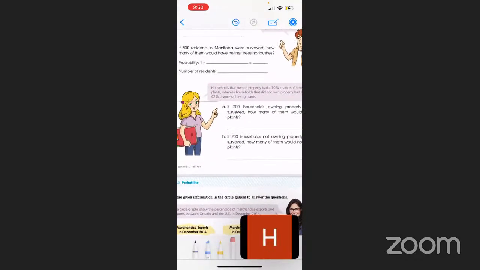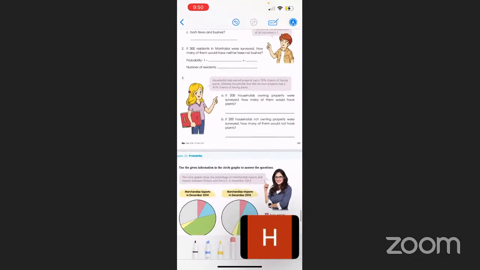Now this one is number 3. I want you to tell me, I think I already assigned you this one. Maybe you did it. Can you tell me how to do it? So households that own property had a 70% chance of having plants, whereas households that did not own property had a 42% chance of having plants. So if 200 households owning property were surveyed, how many of them would have plants?